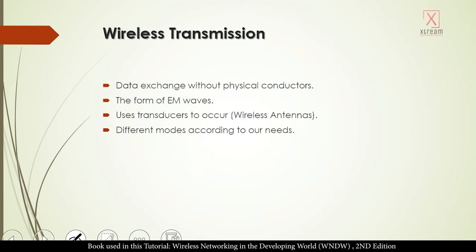Now, to transfer the data from point A to point B, we will need some electronic devices. There must be some electronic devices that are able to transform the electrical pulses or electrical signals into something that can travel in the air, and then it can be received by some electronic devices that can sense that data or signals, and then convert that data back into electrical signals.